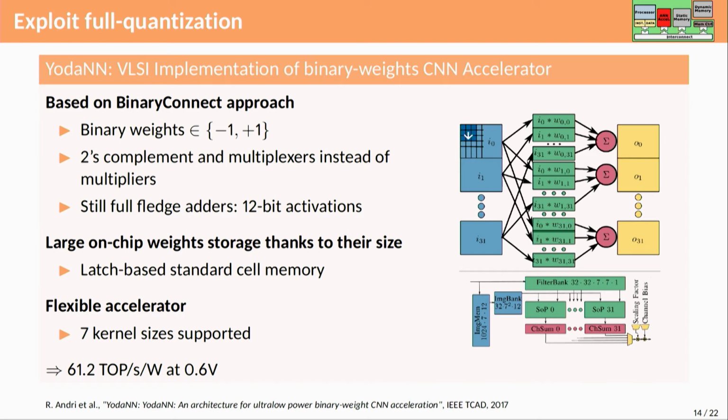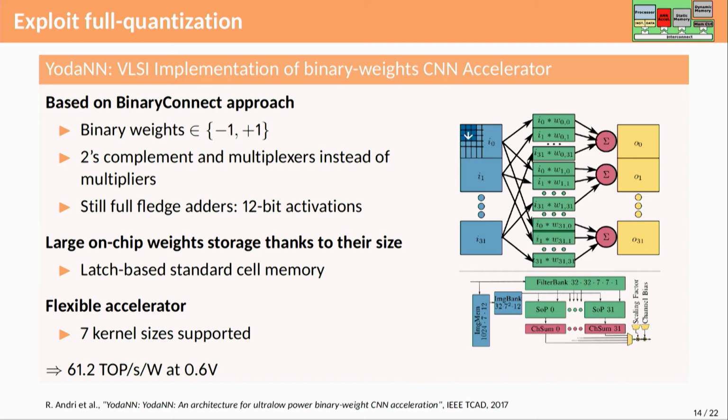Pushing a bit farther, instead of using ternary, let's use binary. In that situation, it's more or less the same kind of approach. This is a VLSI implementation of a binary weight CNN accelerator, work from ETH Zurich.